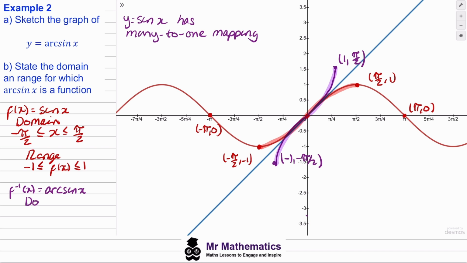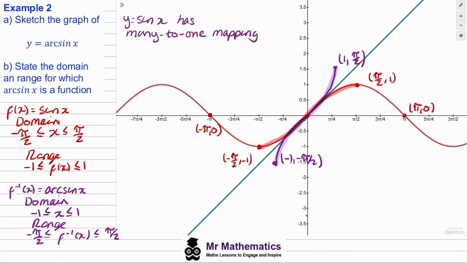This domain is from -1 to +1, and its range is from -π/2 to +π/2. So to summarize, sine isn't one-to-one over its full domain. We need to restrict it to between -π/2 and +π/2, and that allows us to define arcsine of x as a function.